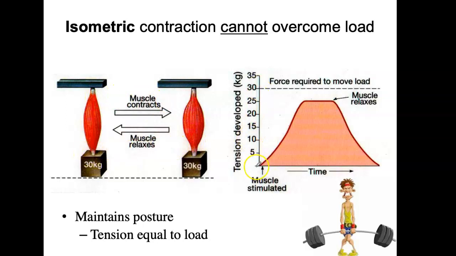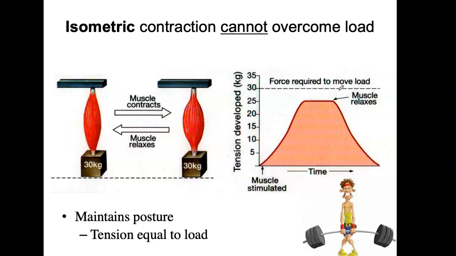If you plotted it on the graph, you would have this tension increasing, but then flattening out before it reaches the line which indicates the force required to move the load. So you can't really move the load.